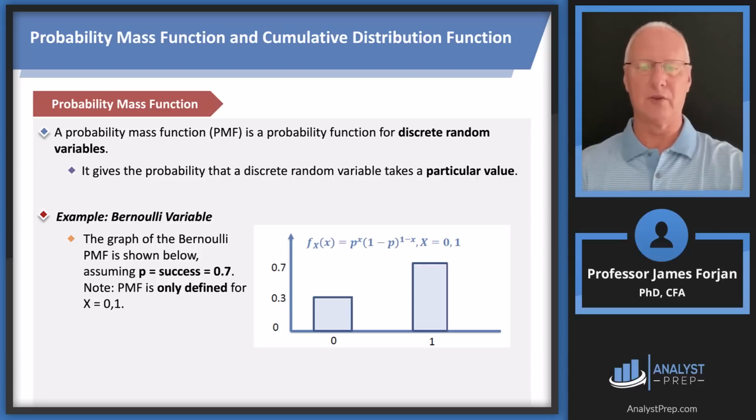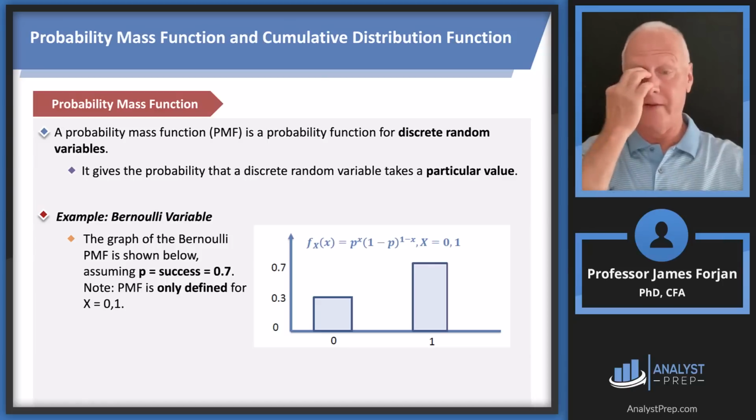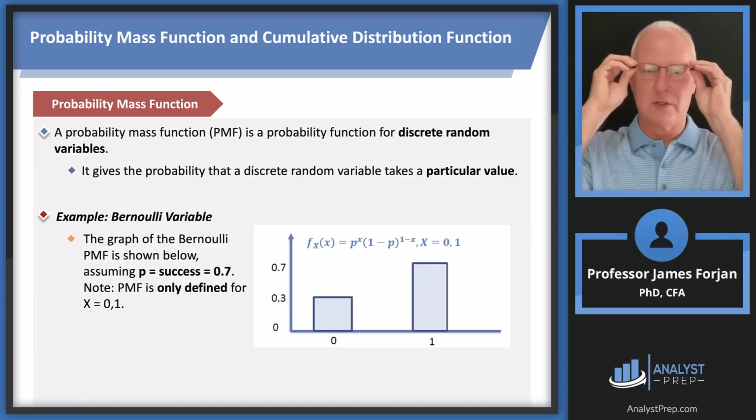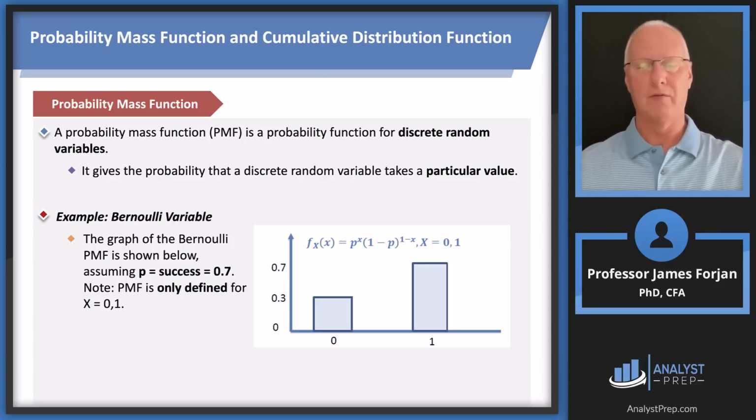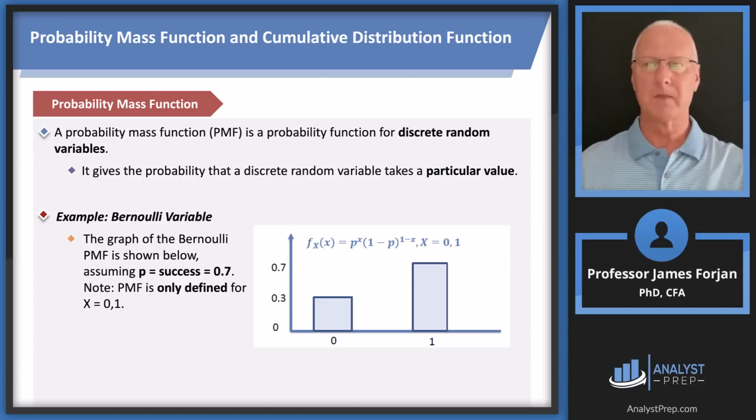So notice the illustration that we have, this graph, we've got a 0 and a 1. We're using the Bernoulli random variable model. And so Bernoulli, this is a specific case of a binomial model. And so it can either take the value of 0 or 1. For example, Tiger Woods can either make the putt or he can miss the putt. A loan can either default or it cannot default. So we need to have probabilities of success.